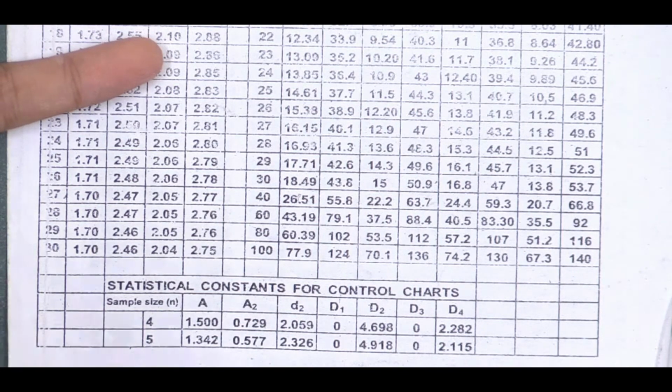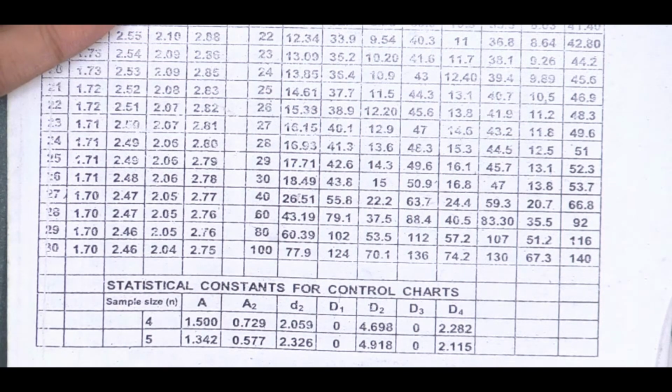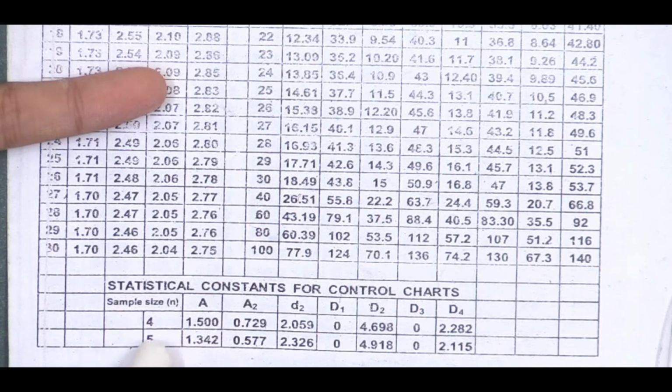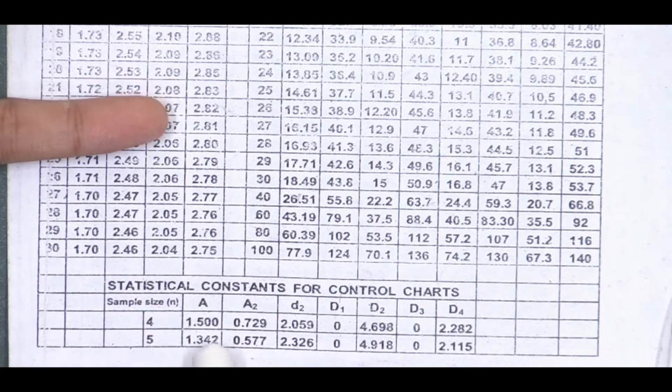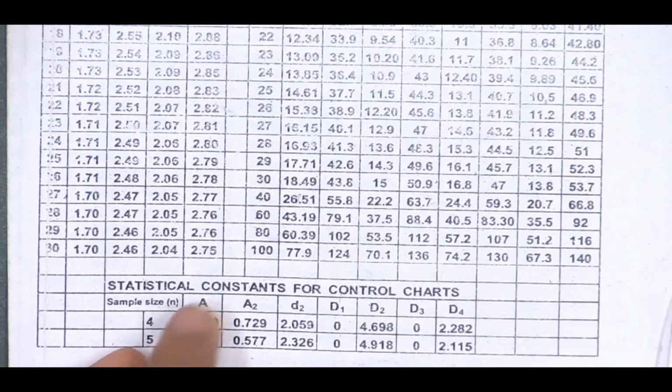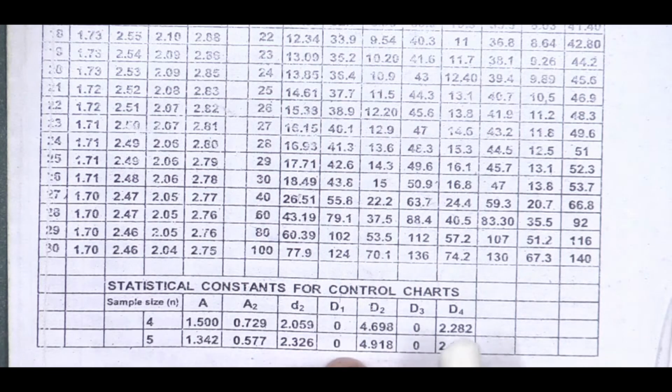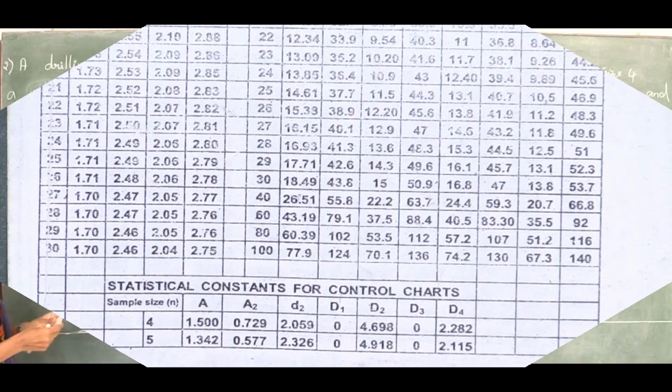Our problem is based on sample size 5, so we need the values for sample size n equal to 5. For sample size 5, the A value is 1.342, d2 value is 2.326, D1 value is 0 and D2 value is 4.918. These are statistical constant values.